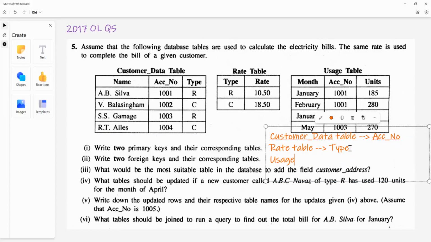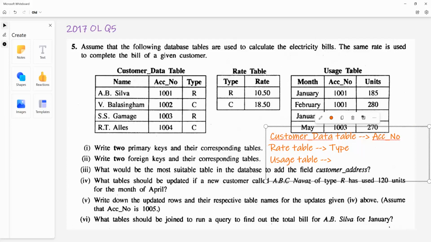Yes, so usage table. Okay, what is the primary key for the usage table? Can we take month?